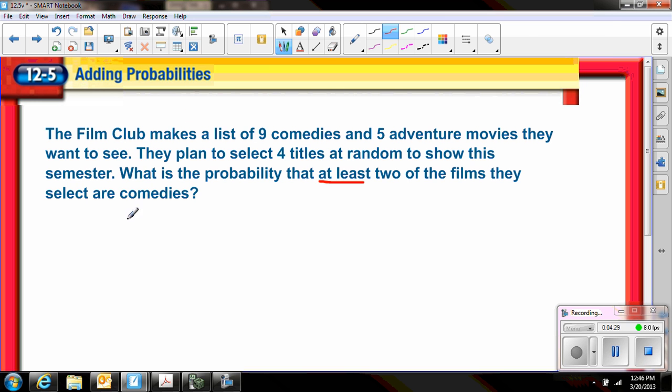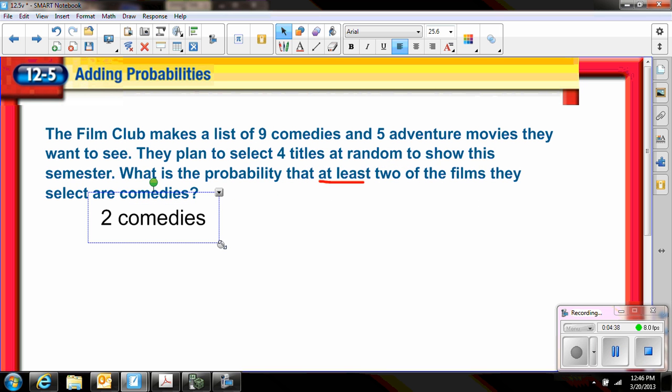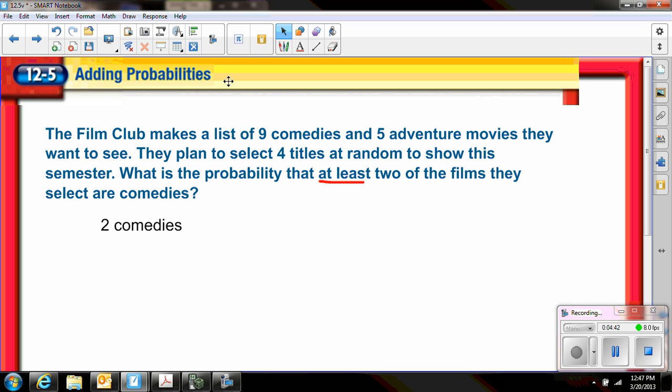So let's start off by looking at 2 comedies. If we're going to get 2 comedies, to find the probability of this happening, we first have to figure out how many different combinations we can have of all of these movies together. So first off, we have 9 comedies and we have 5 adventures, which gives us a total of 14 different movies we can choose from.